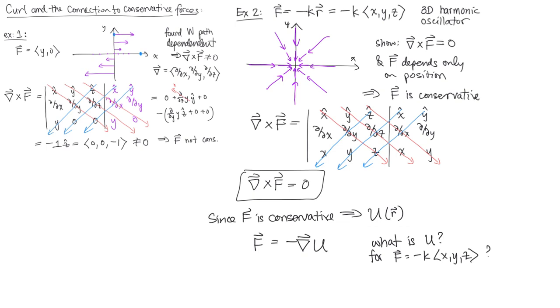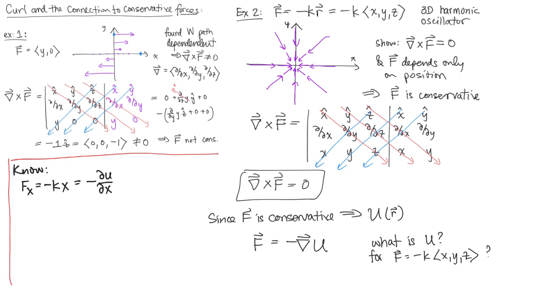Well, some information that we have is the following. We know, on the left-hand side, that the force in the x direction is minus kx, and that is equal to minus du dx.